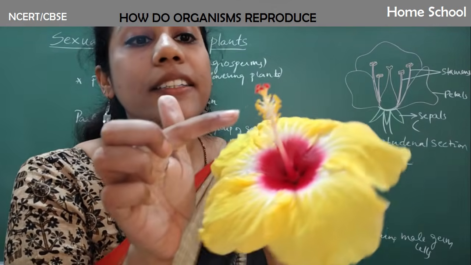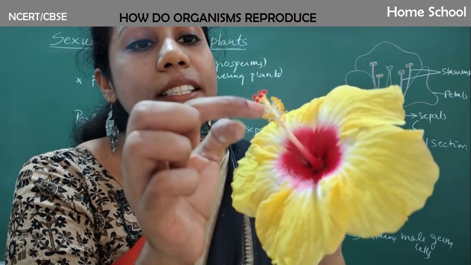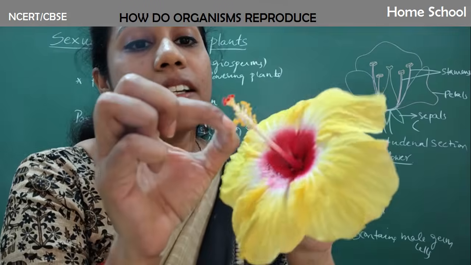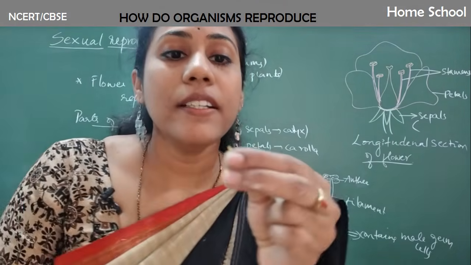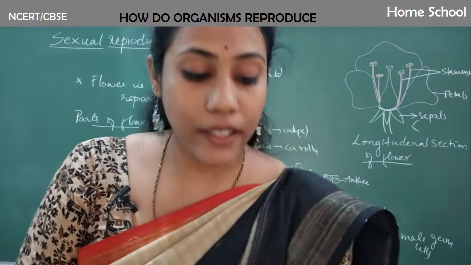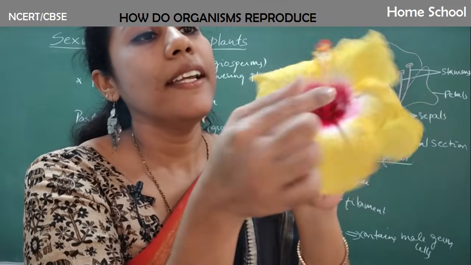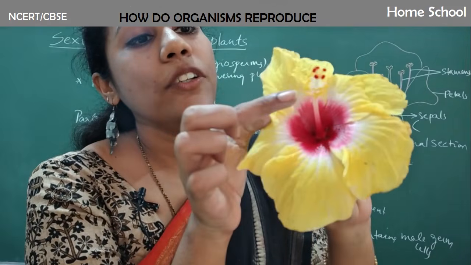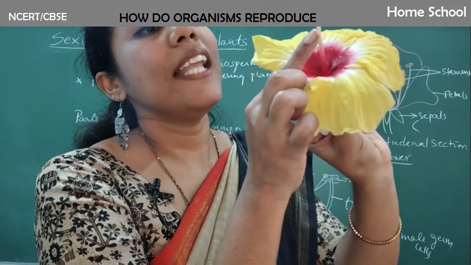See here, these yellow and white color things. If I pluck one of them, this yellow color substance is what we call pollen grains. This white color thread-like thing is what we call filament.